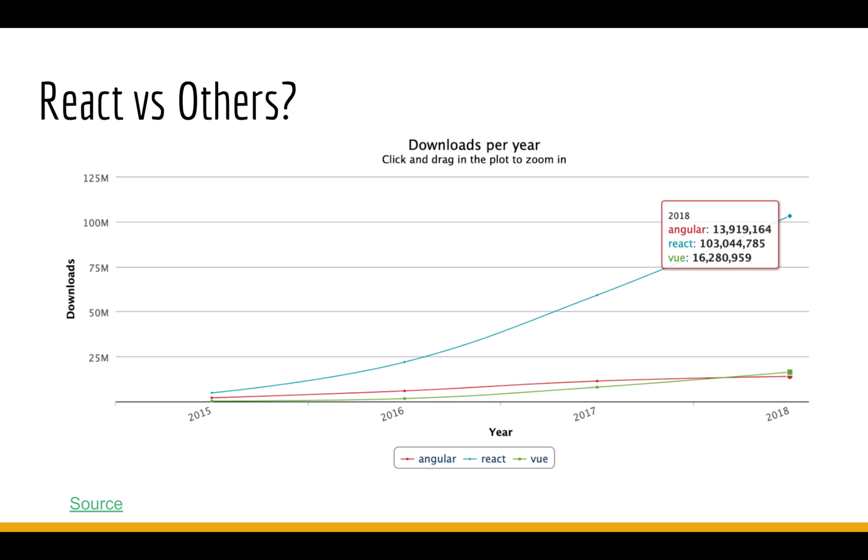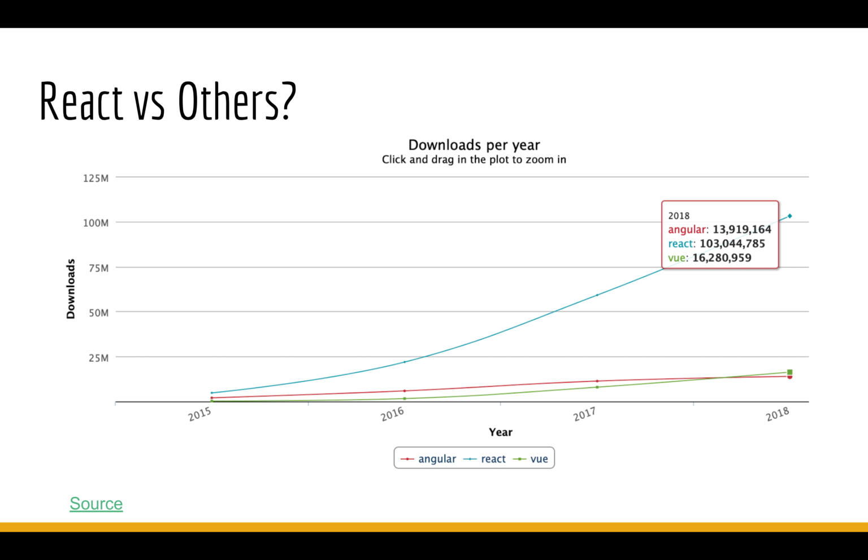Now, you might be asking, okay, there's a lot of other front-end libraries or frameworks that are available, the most popular being Angular and Vue in addition to React. And so why do we teach React? One of the reasons that we teach React is because it has such a wide acceptance and developer base.